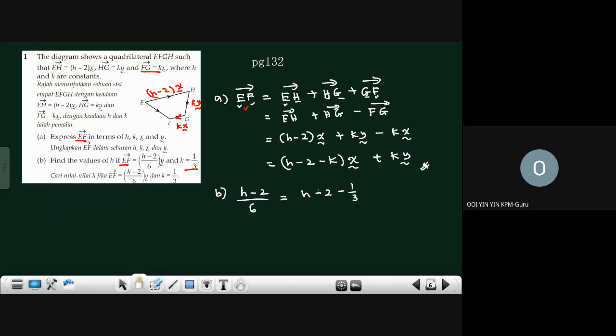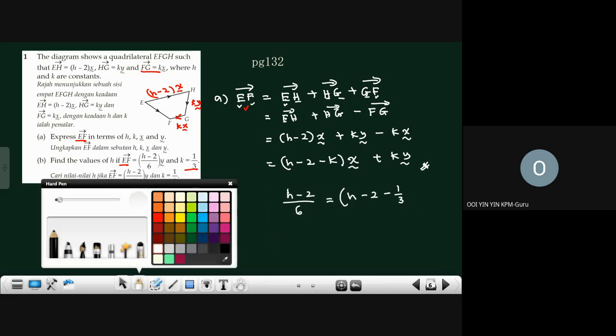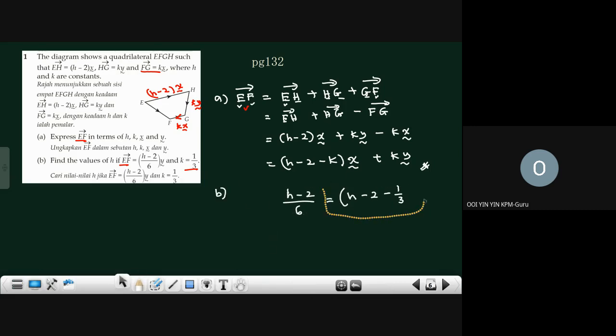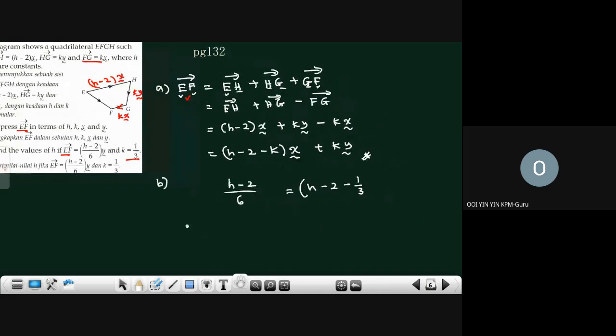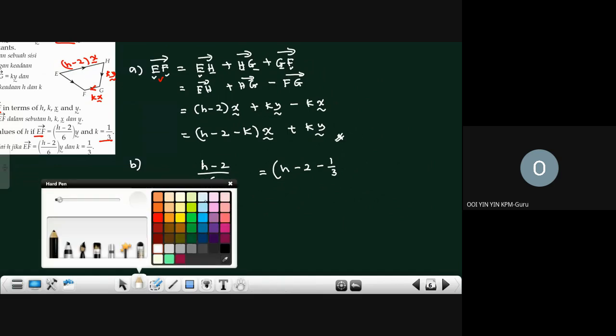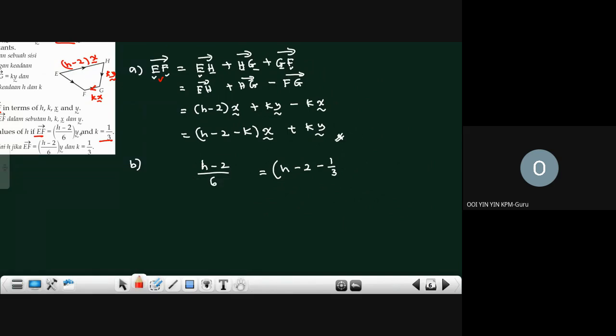Oh, yeah, I forget this one. Actually, wait. Okay, this one. You remember there is one more thing here that I want to show you. If you look carefully, your EF given here, there's a Y here, right?